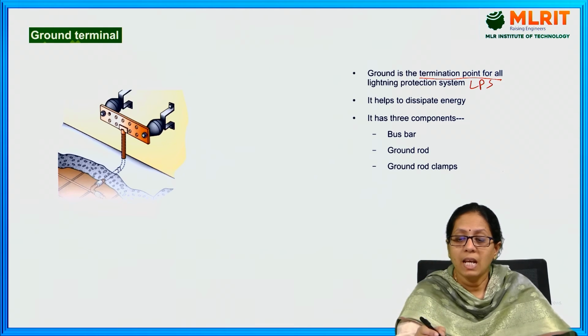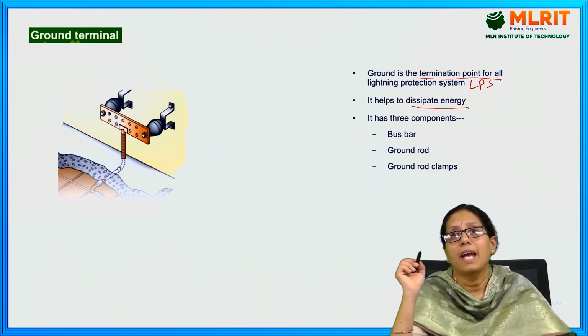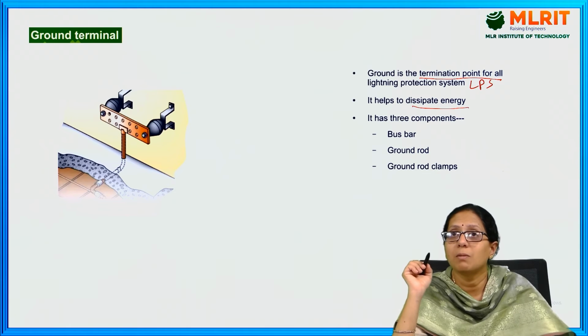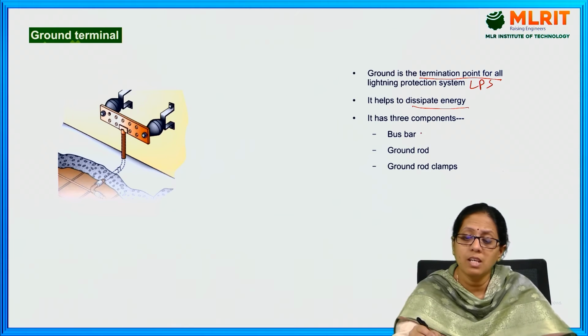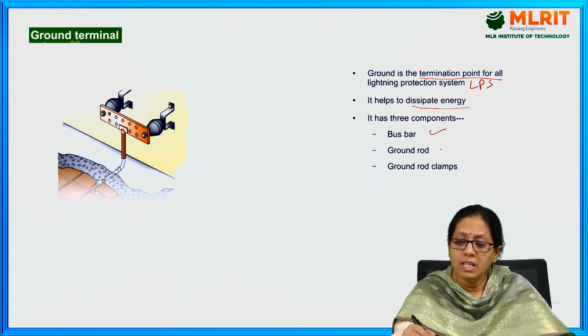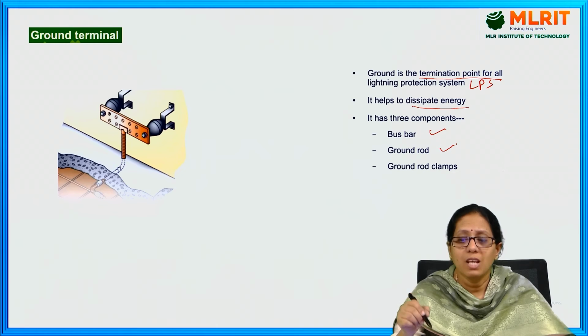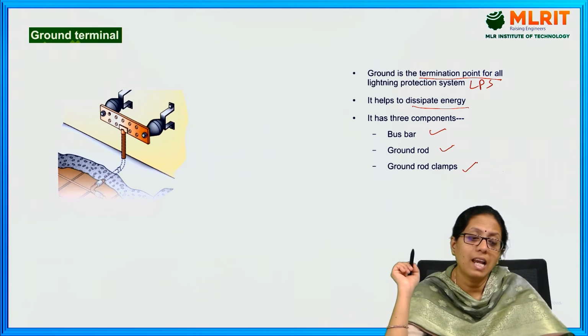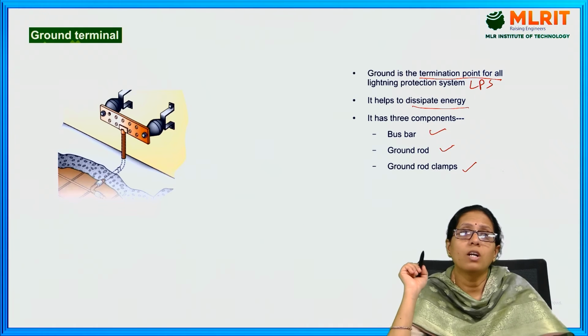It helps us to dissipate the energy. It has mainly three components: the bus bar, the ground rod, as well as the ground rod clamps.